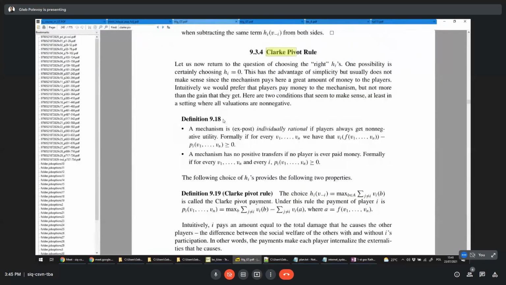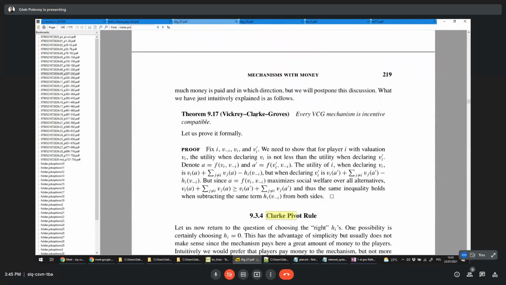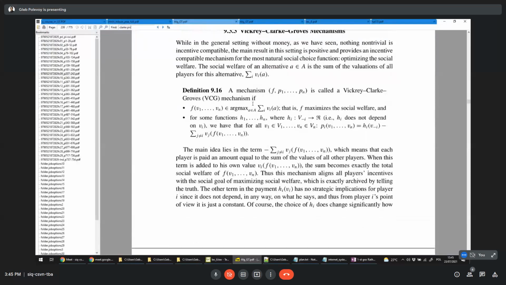I remind you that the VCG mechanism is defined in general by some function which optimizes the sum of the utilities, and the mechanism also charges some prices. The mechanism of VCG is the following.